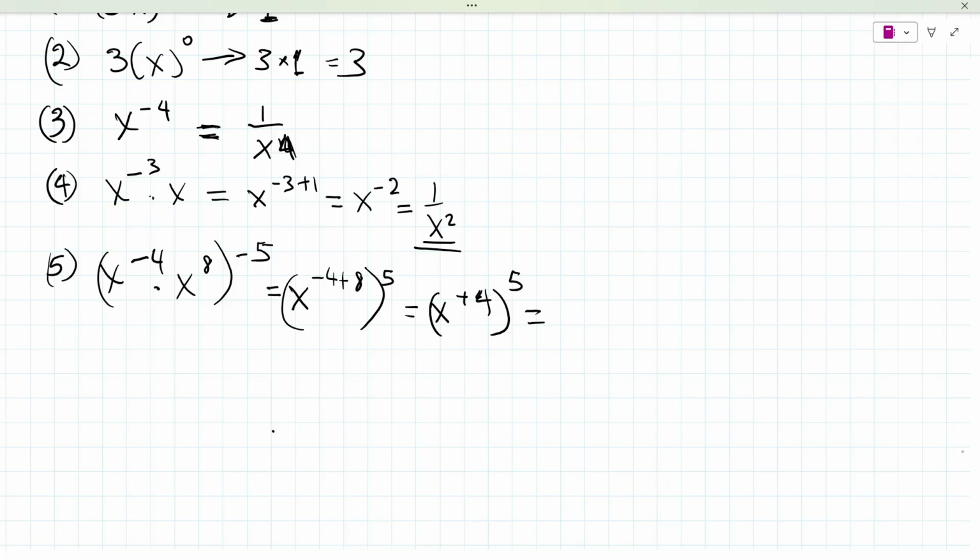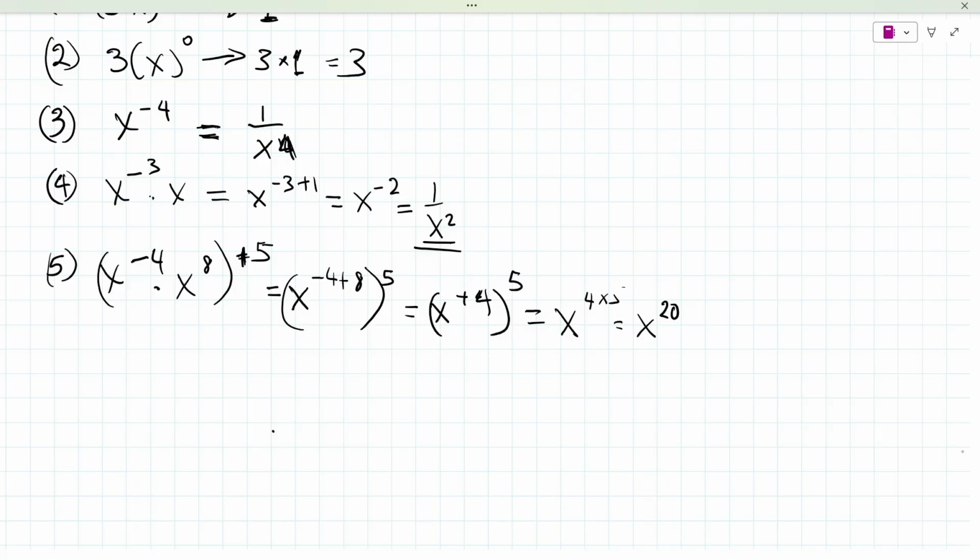So this becomes x to the power 4 multiplied by 5, which will be x to the power 20. Sorry, this was supposed to be positive. Yep, this was supposed to be positive.